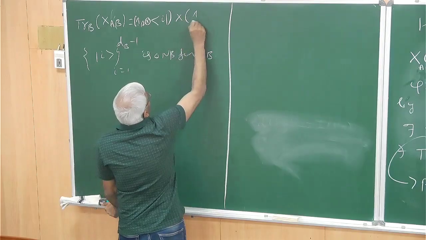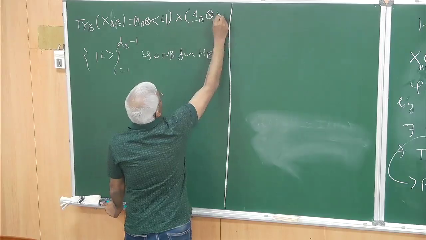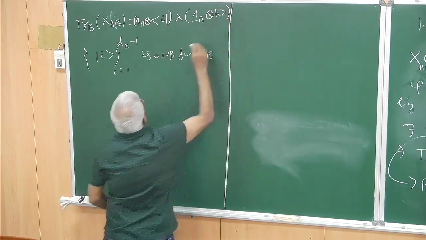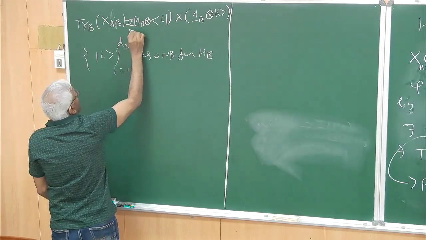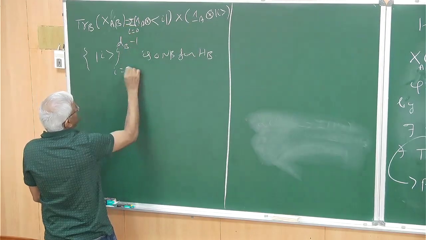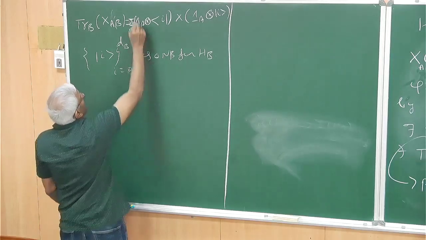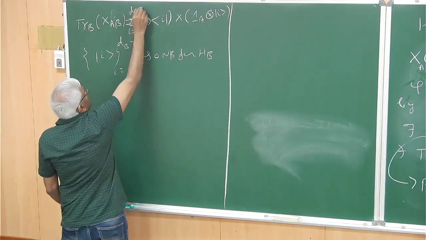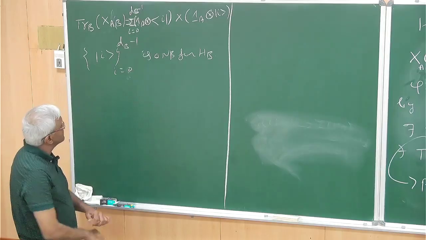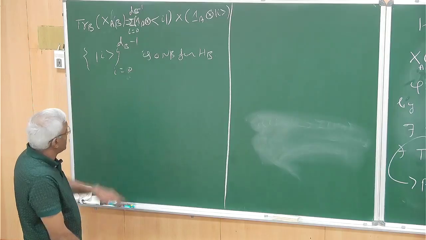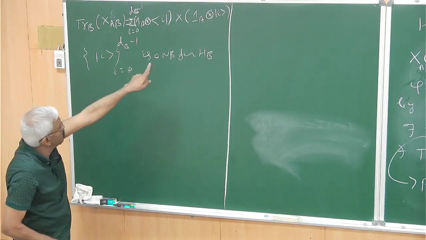Then you have a 1_A tensor I. Here this is a summation, I equal to 0 to dA minus 1. Sorry, it starts with 0, not 1. I equal to 0 to dA minus 1, dB minus 1. So you can write it like that.